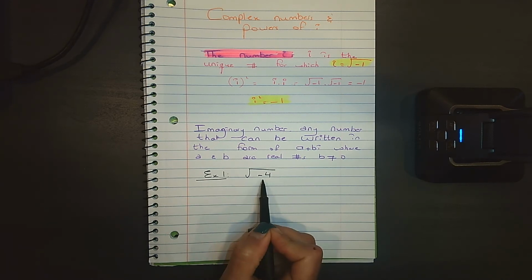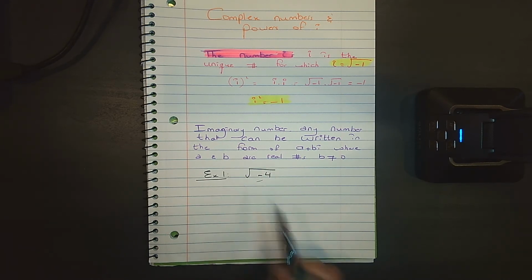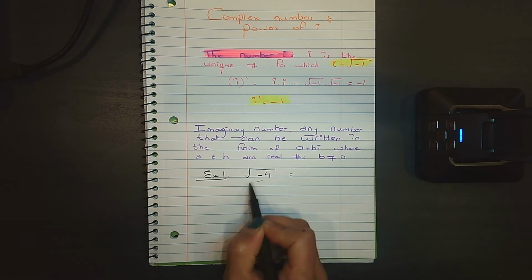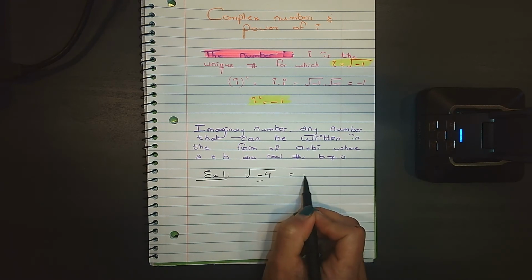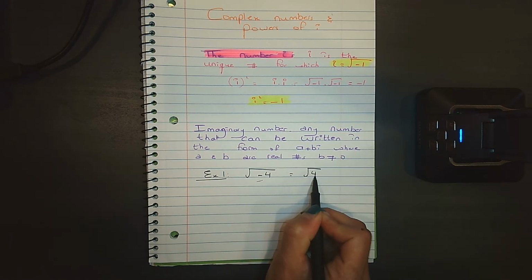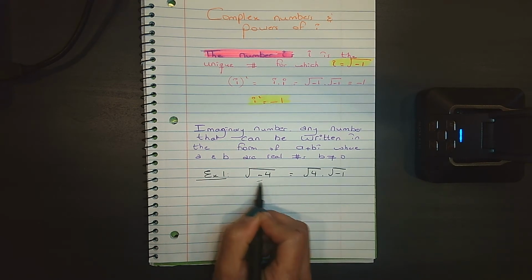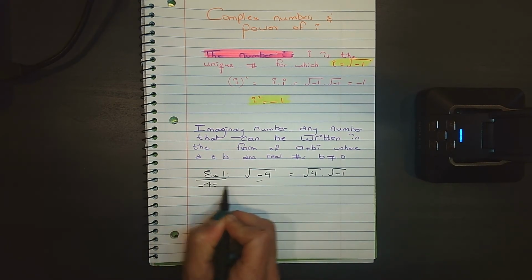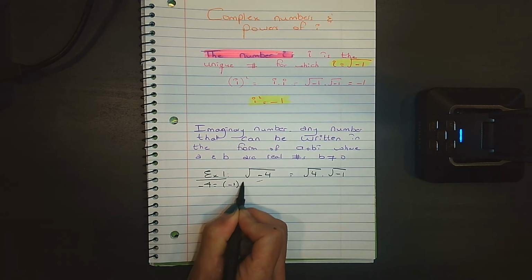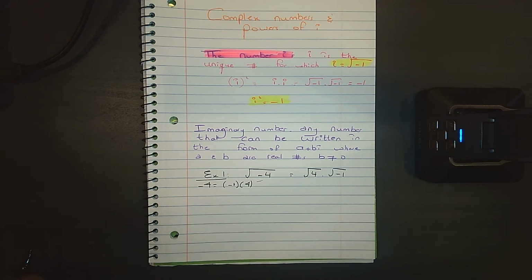We're not used to seeing any negatives inside the radical, right? So this is, in other words, the same as square root of 4 times square root of negative 1, because remember, negative 4 is the same as negative 1 times 4.